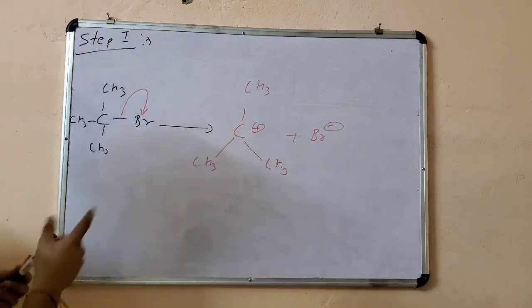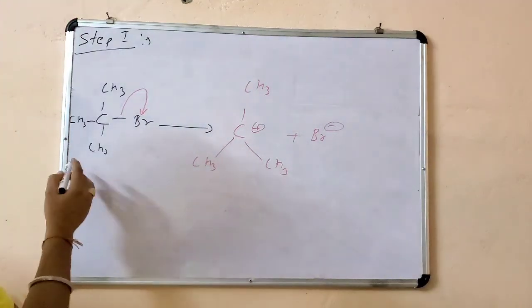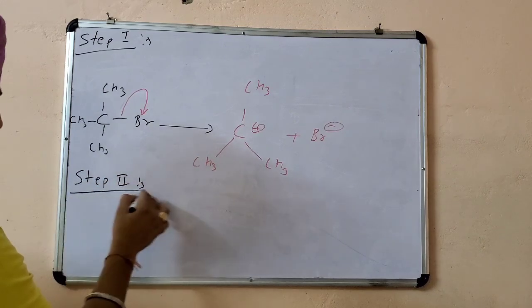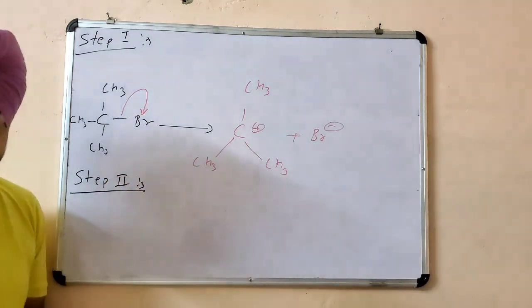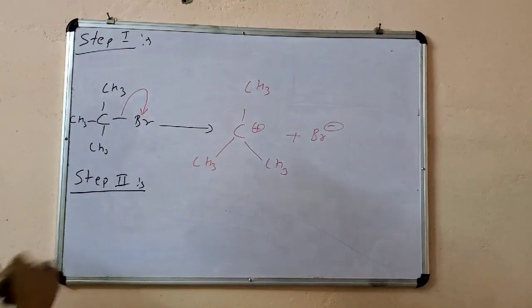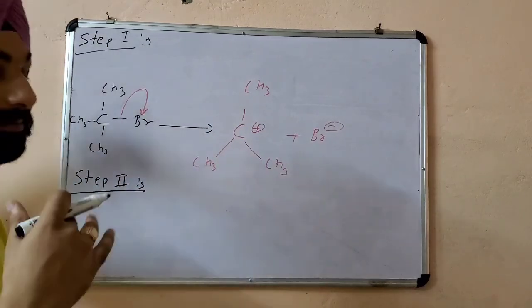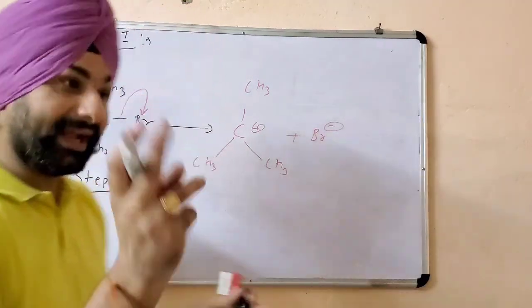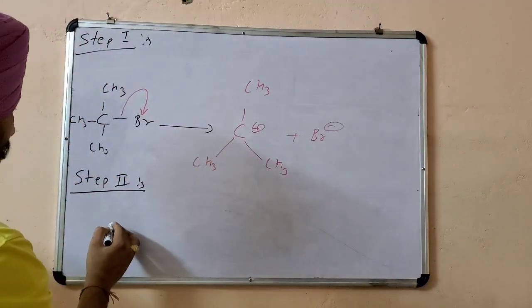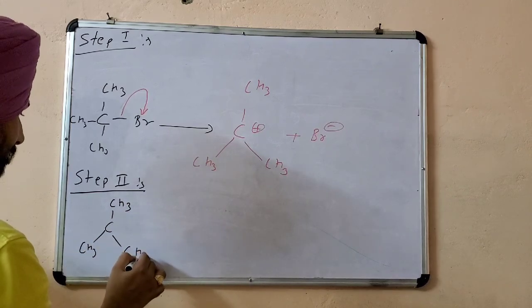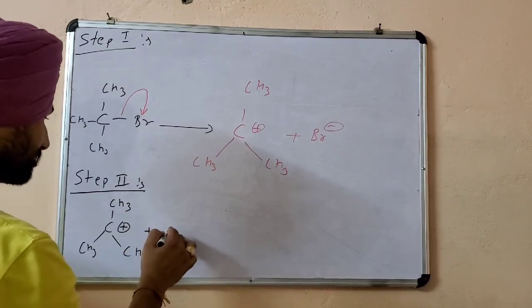In the second step, the carbocation is attacked by the nucleophile. We discussed earlier that one of the best nucleophiles is water and alcohol. Why is it so? We'll discuss. Now we have a carbocation CH3 with a positive charge plus water.